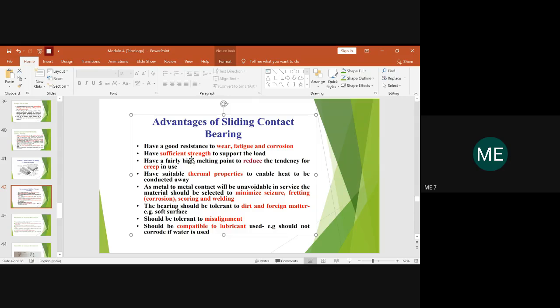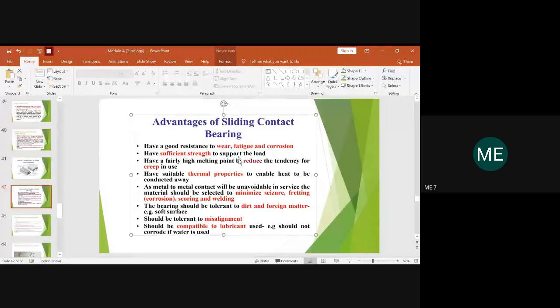corrosion. Secondly, it has sufficiently high strength to support the load acting across the contact area. This is the second plus point. And thirdly, it has a fairly high melting point, meaning the material used could be used for high temperature applications because its melting point is comparatively higher.